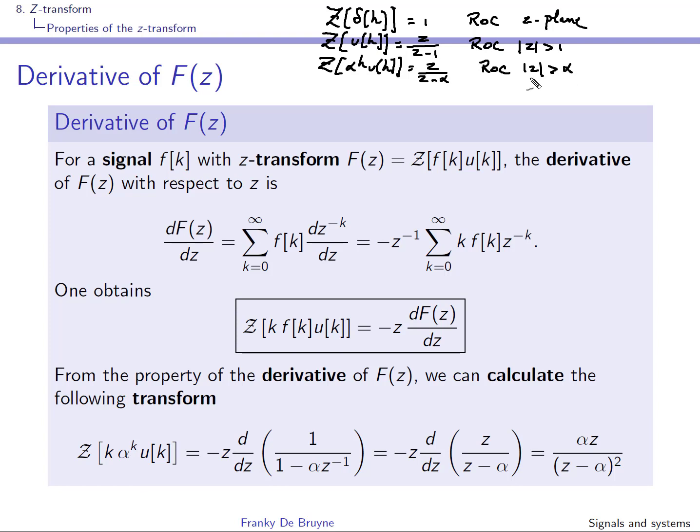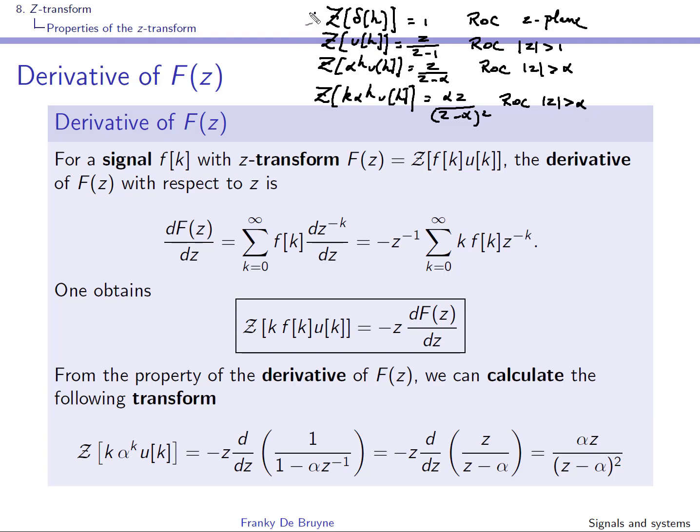We assume here that alpha is real, and the one that we have here below is the z transform of k alpha^k u[k], and this is alpha z over (z minus alpha) squared, and the region of convergence is z larger than alpha.